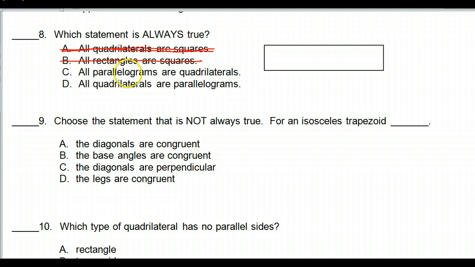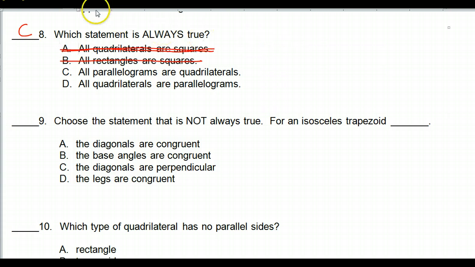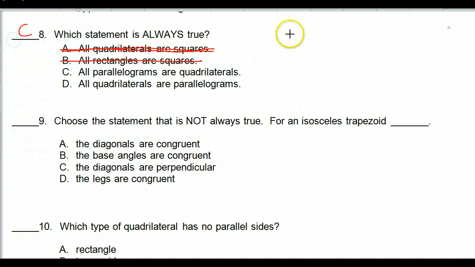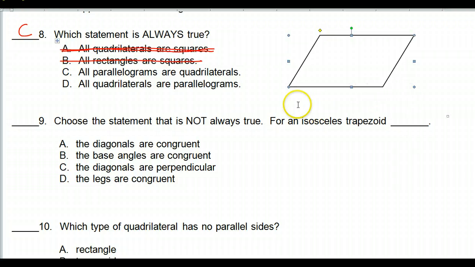All parallelograms are quadrilaterals. Well, yeah. A quadrilateral is just a four-sided figure. So saying all parallelograms are quadrilaterals is just saying that everything that looks like this, here's your classic parallelogram.